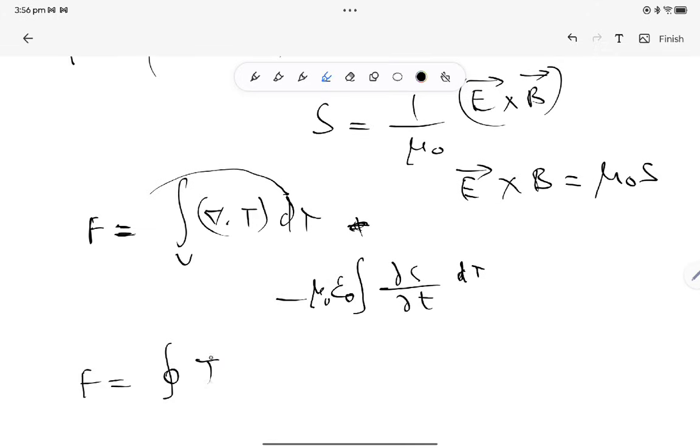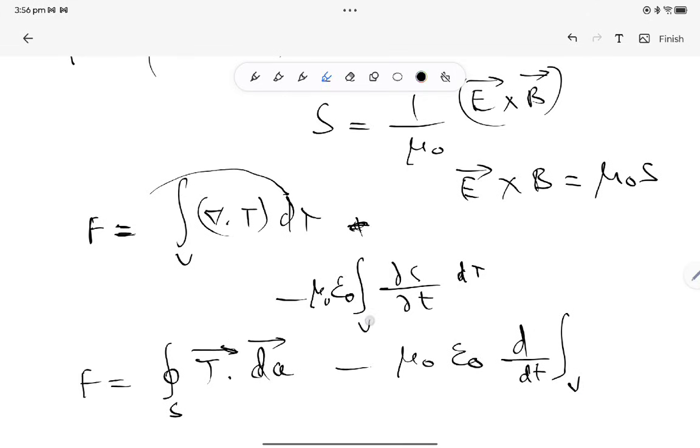You can write directly: divergence will be changed into flux, T dA over the closed surface S, and then you have minus mu naught epsilon naught d by dt of the volume integral of S d tau.